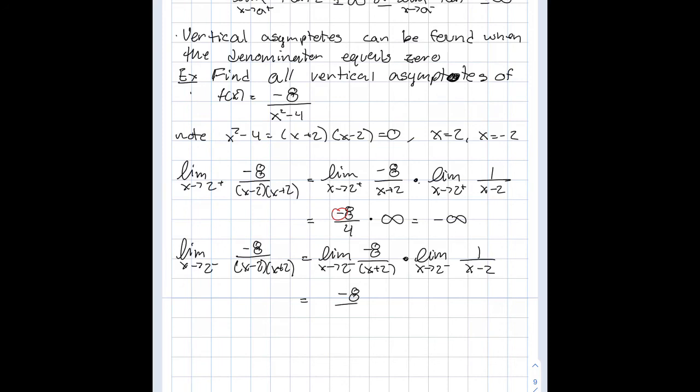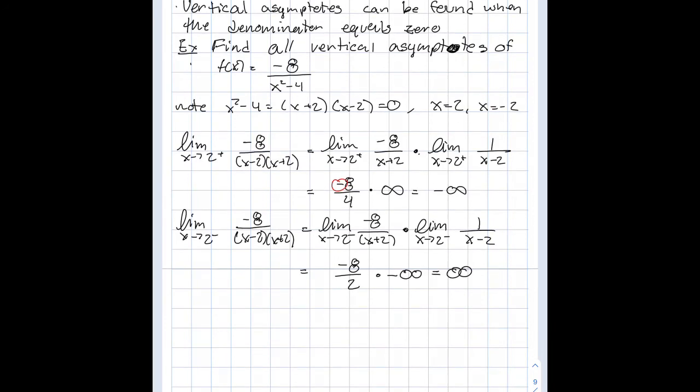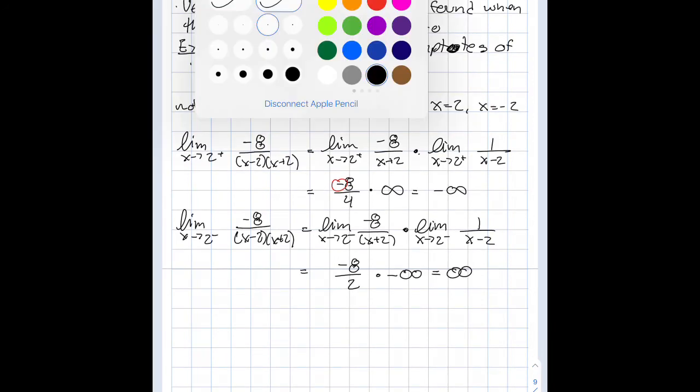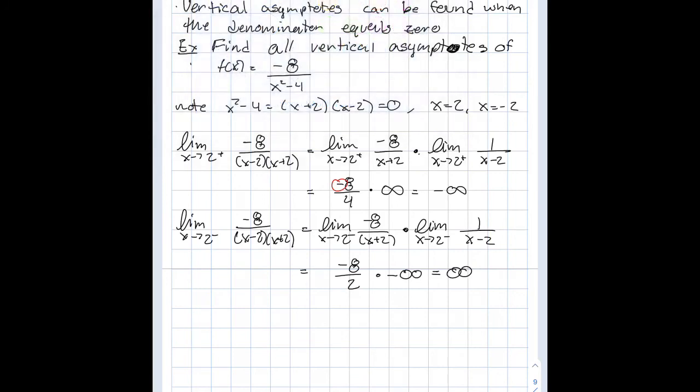So we're still going to get negative 8 over 4 times the limit as x approaches 2 from numbers that are smaller than 2. That's going to give me negative infinity, because it's a number smaller than 2 minus 2, so that's 1 over a really small negative number. So that's going to give me negative infinity, so this is then going towards infinity. All right, and then I continue this on for x approaching negative 2.